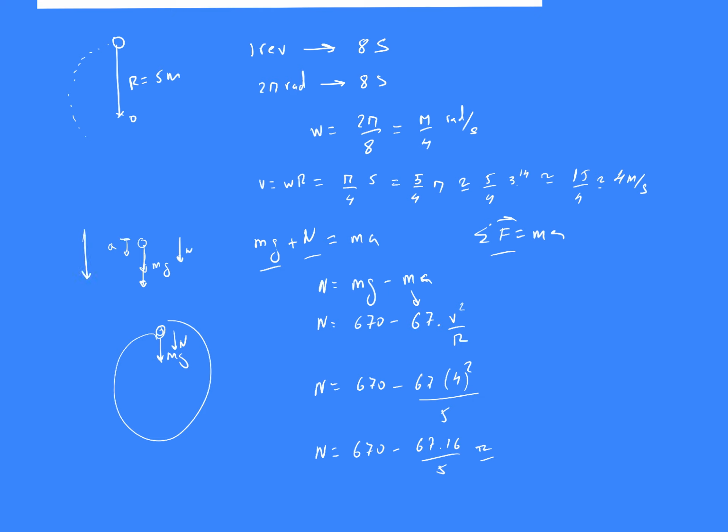And because it's a circular motion, the acceleration is going downwards, in the positive direction. So at the top, the acceleration will go downwards. Okay, so the normal force will be... let me erase here.